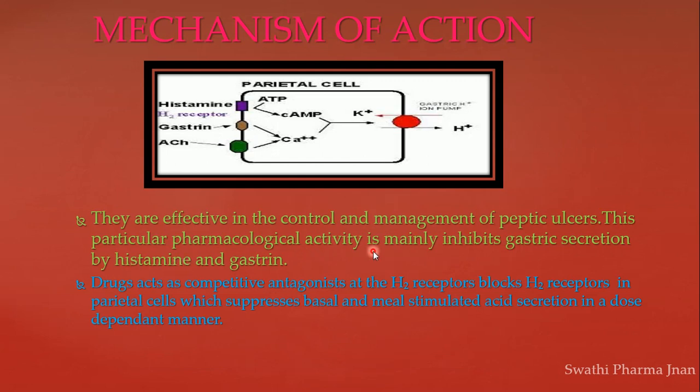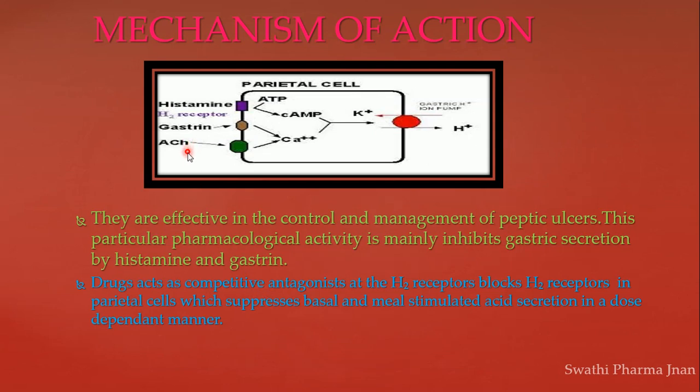This particular pharmacological activity is mainly by inhibiting gastric secretion by histamine and gastrin. By blocking the histamine and gastrin, they will inhibit gastric acid secretion from the parietal cells. These drugs act as competitive antagonists at the H2 receptor. There is a competition between histamine and the H2 antagonist.